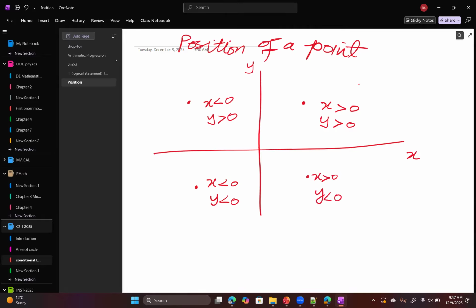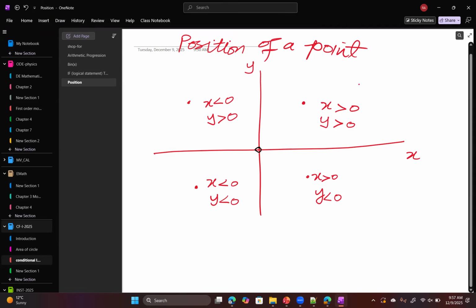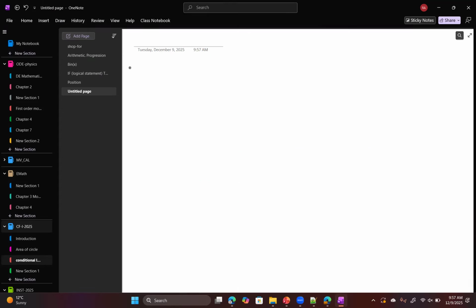So let's develop the algorithm in the form of a flowchart. We can also check that if the coordinates are 0, 0, it is at the center, the origin. So let's develop the algorithm.